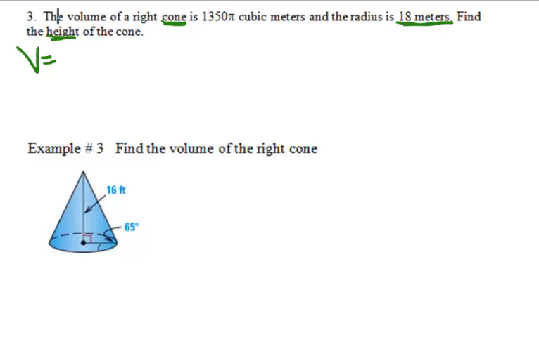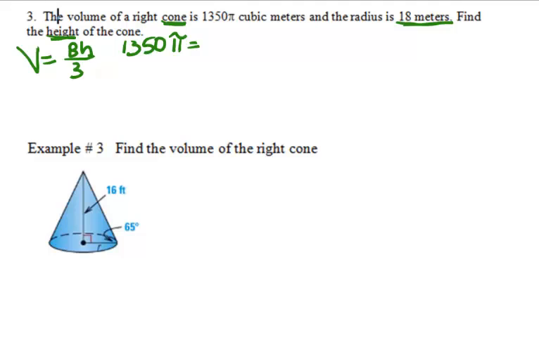Volume equals 1/3 the area of the base times the height. So fill in everything that we do know. The volume is 1350, and make sure you put that pi in there.